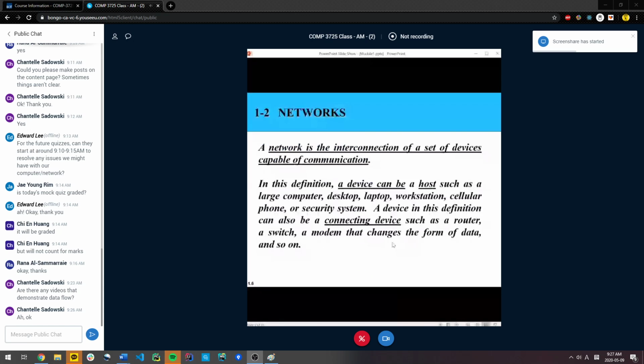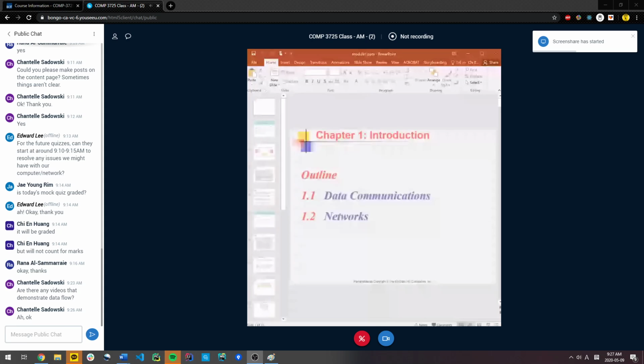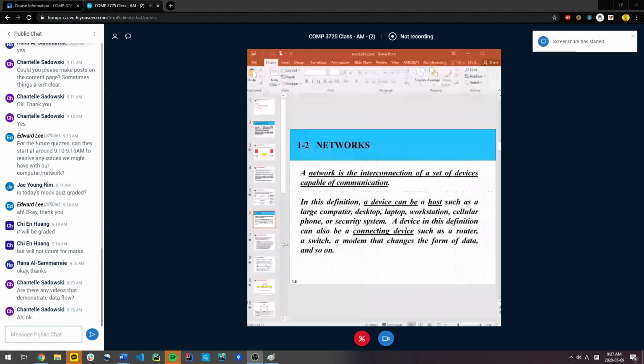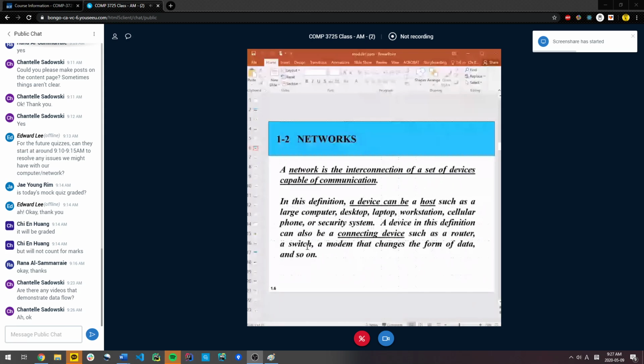So then we started off and went on to say that, in the context of a network, what we usually have is more than two entities on the network.